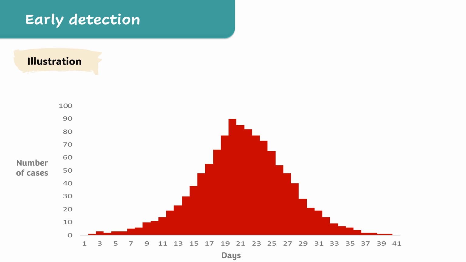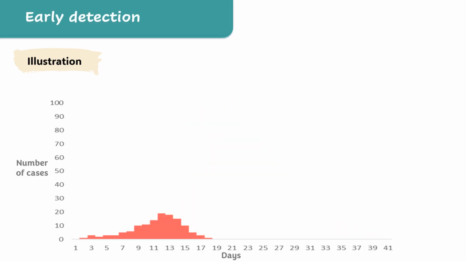This epidemic curve represents the potential number of cholera cases by day if a cholera outbreak was detected with delay, which would result in a delayed public health response. On the other hand, this epidemic curve represents the potential number of cholera cases by day if an outbreak was detected early, which would enable a rapid public health response.